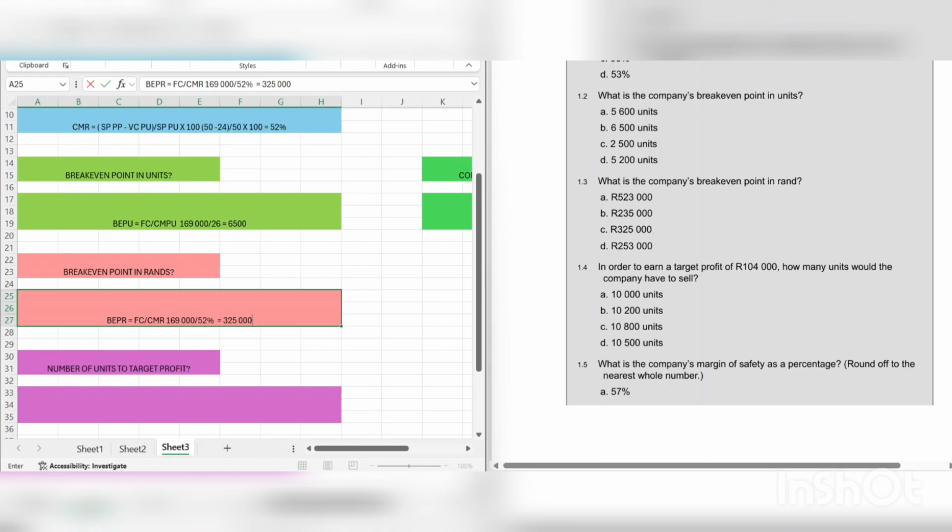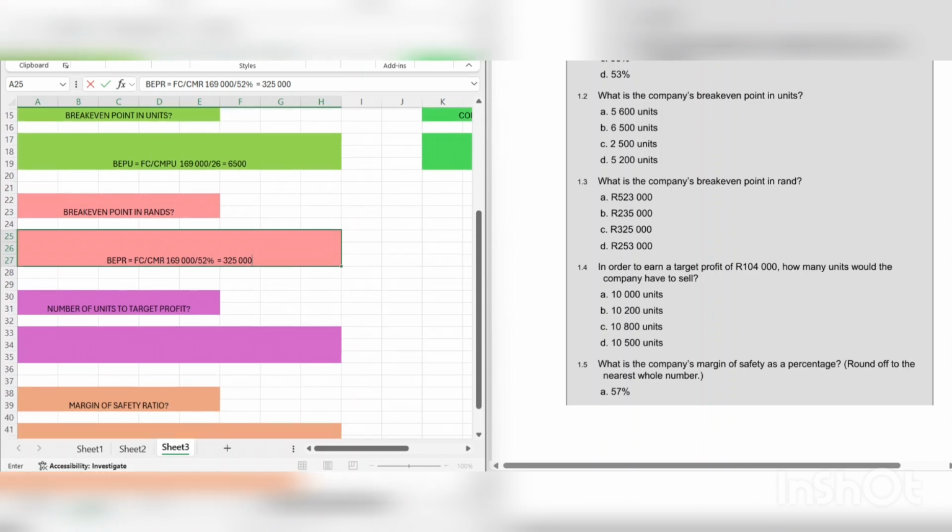The next thing is to calculate the number of units for the target profit of 104,000. So this is your number of units to reach your target profit. It's your fixed cost plus your target profit divided by your contribution margin per unit.